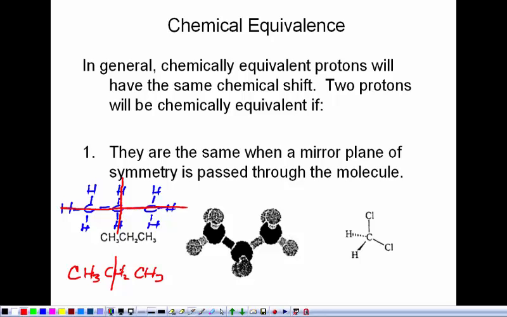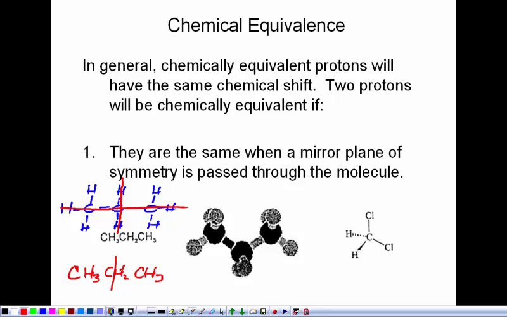So that's one way to look at a mirror plane. Similar to this is to look at the ball and stick model of propane. If you imagine that a mirror plane would cut this molecule in half and the mirror plane would be the screen, then this hydrogen is the mirror image of that, this hydrogen's mirror image of that one. And so in that case, those hydrogens would be equivalent to each other as well.